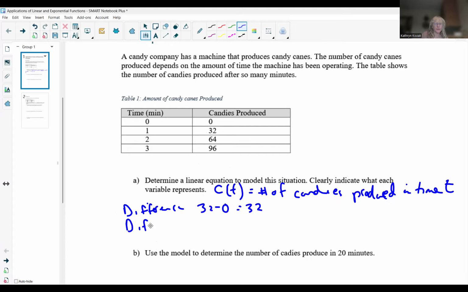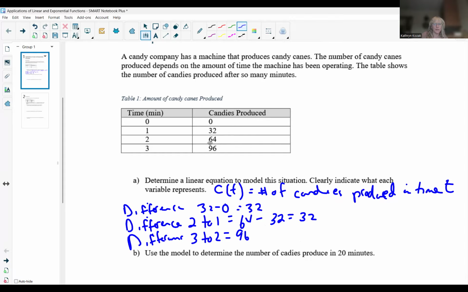The difference from 1 to 2 means that we had 64 in the 2 minutes minus 32 in the 1 minute, which also gives me 32. If we want to check one more time, the difference from 2 to 3 minutes: we had 96 in 3 minutes, 64 in 2 minutes, and that again is still 32. So it looks like we're always having 32.